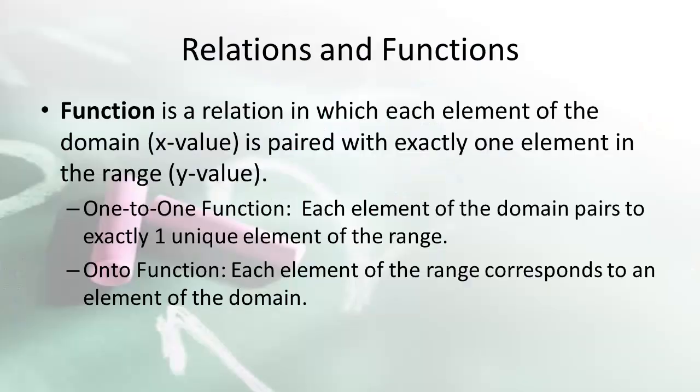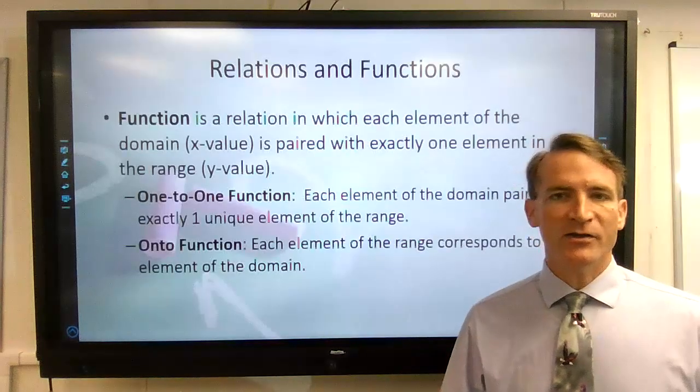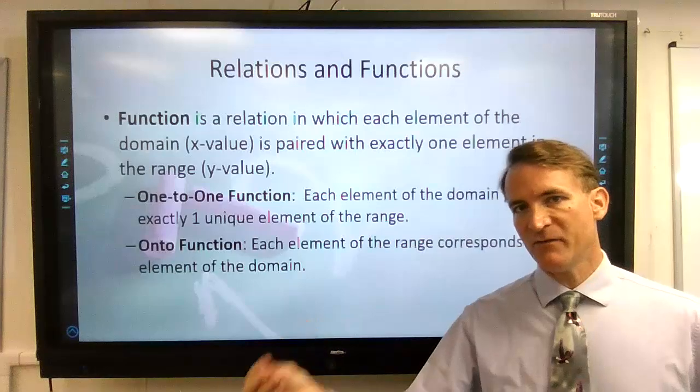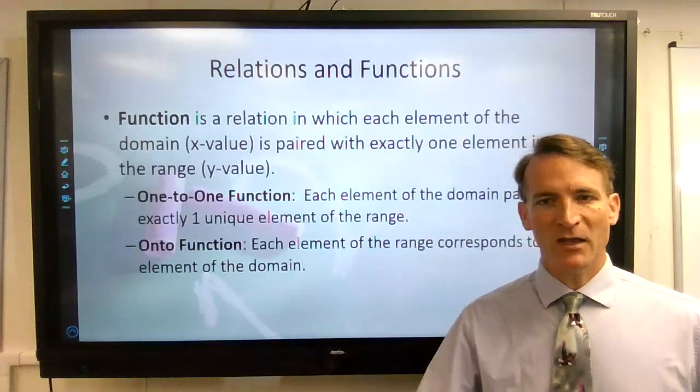The next type of function is called an onto function, where each element of the range corresponds to an element of the domain. So this is kind of a reverse function idea, where every value in my range corresponds with a value in my domain.